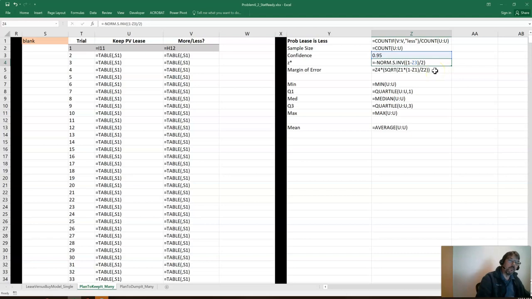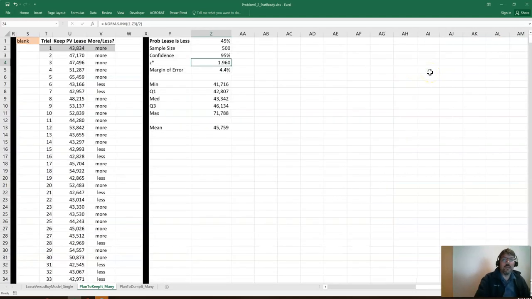The margin of error calculation is a little bit different. It doesn't look like the algebra statement from an algebra class, but it's the z times the square root of the entire thing here. Your point estimate times 1 minus your point estimate divided by your sample size. And if I'm sitting at, in this case, 54%, anywhere near this 50-50, cheaper to buy, cheaper to lease, the 4.5% margin of error kind of bothers me now, because that's 4.5% either way.